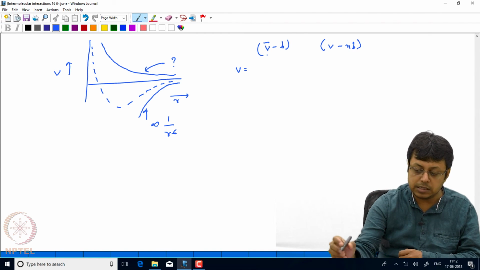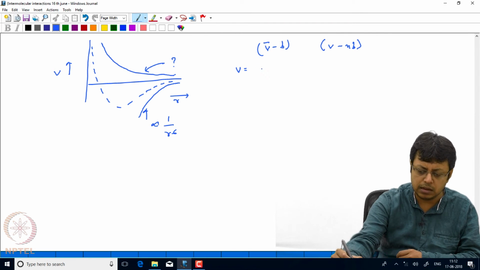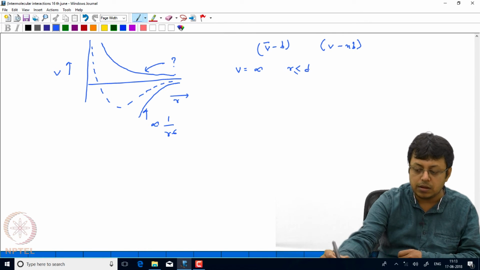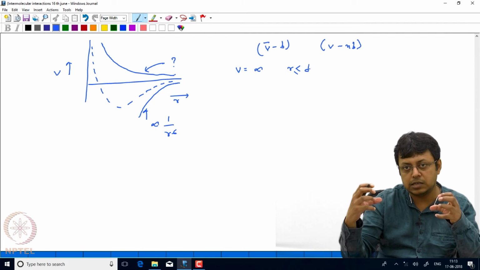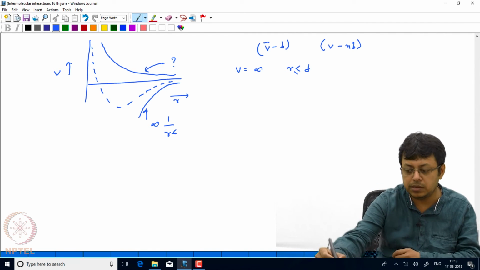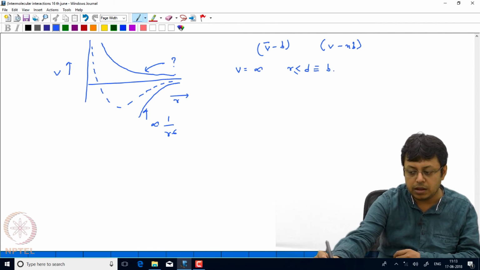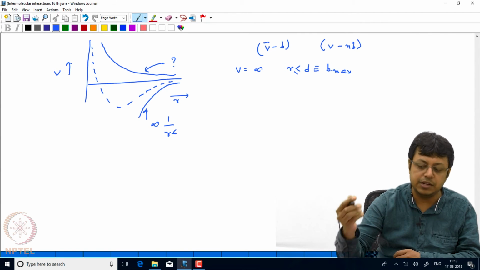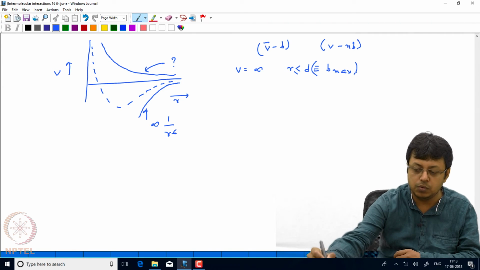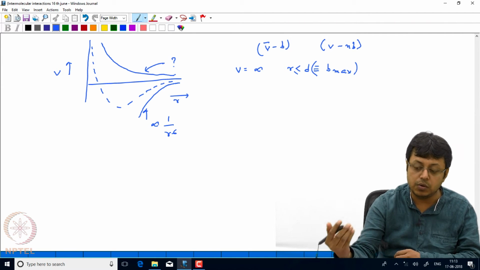That is V for volume, and here we are writing V for the potential, or we could have written U for the potential. The idea is that this potential is infinite if the distance is closer, or if the hard spheres just touch each other. So, d is basically the addition of the radii of the two atoms, molecules or hard spheres.